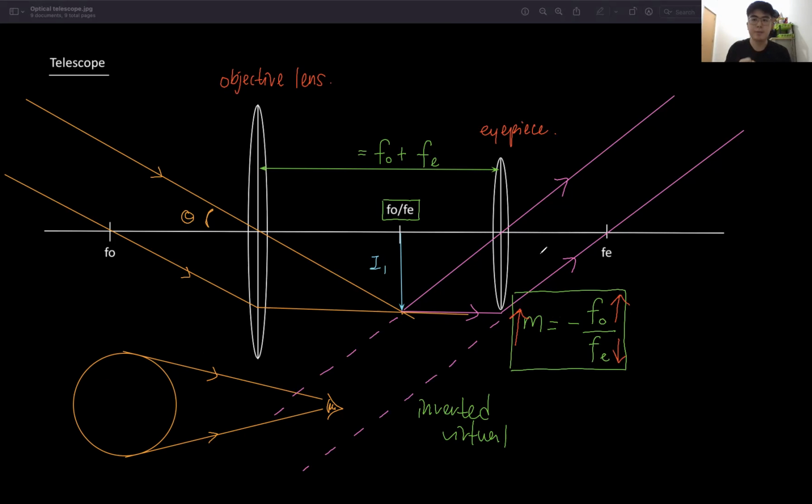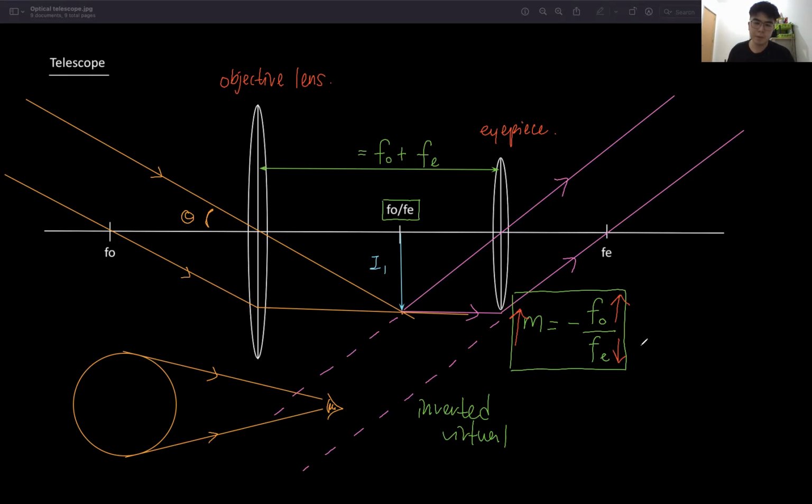That means I can adjust the focal length of the objective lens, increase or decrease, and thus change the magnification. This is like when you construct the telescope. You have to decide how much magnification you want and how much focal length you are going to use.